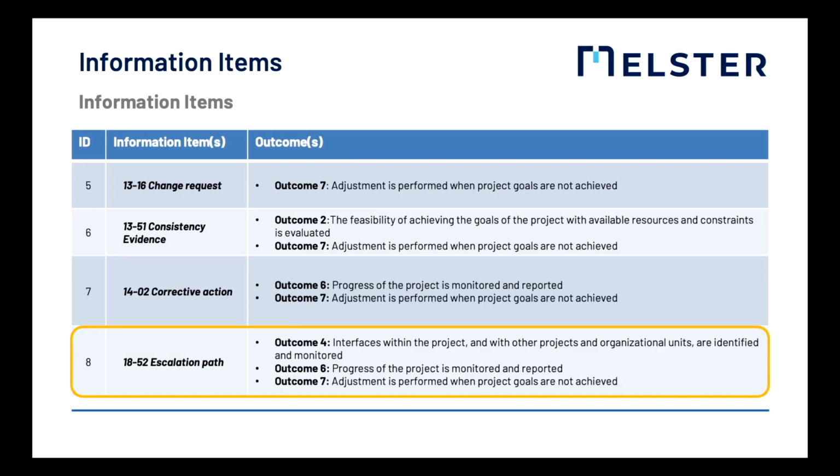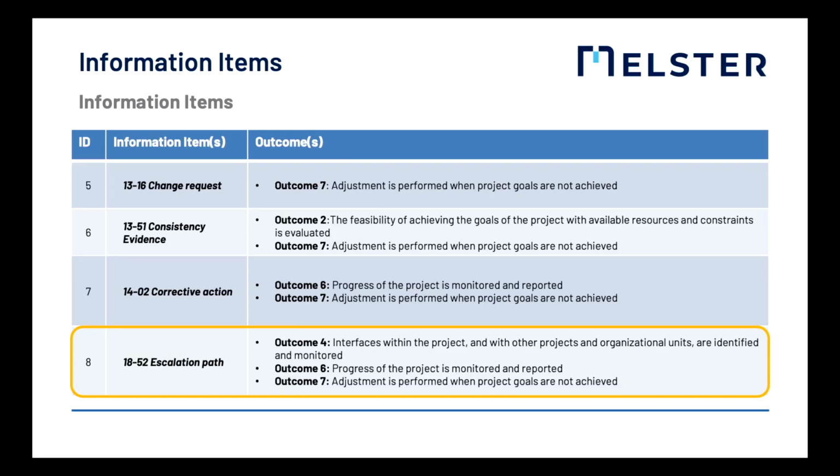And the escalation path is related to the progress monitoring outcome, because the monitoring is one of the reasons for escalation. If the monitoring detects a deviation from the plan which cannot be resolved within the project, then it needs to be escalated along the previously defined escalation path.